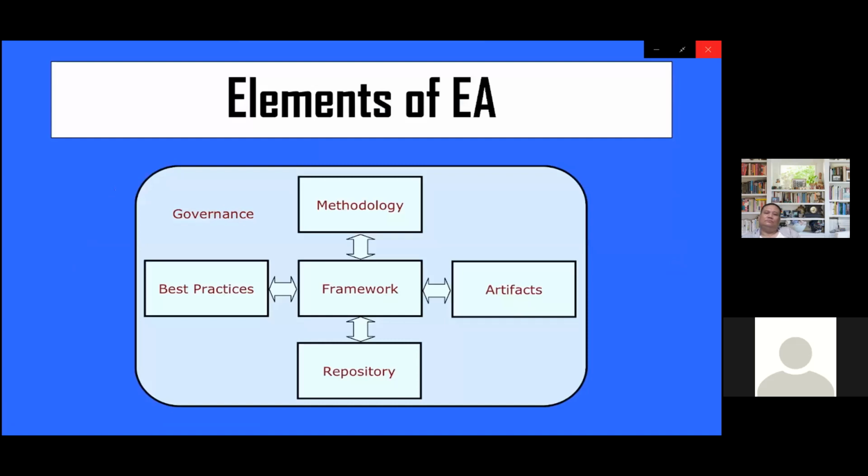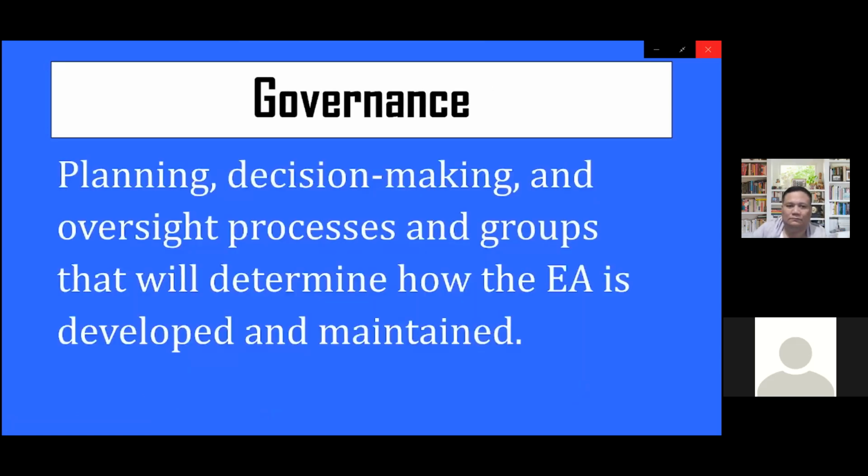domains of EA. Next are the six elements of EA. We have governance, methodologies, best practices, framework, artifacts, and repository. Let's look at how all of these elements fit together. Okay.